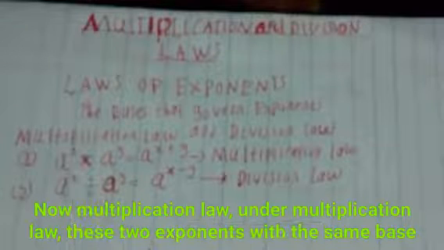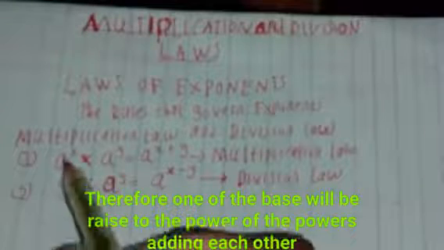If two exponents with the same base and different powers are multiplying each other, then one of the base will be raised to the power of the powers adding each other.